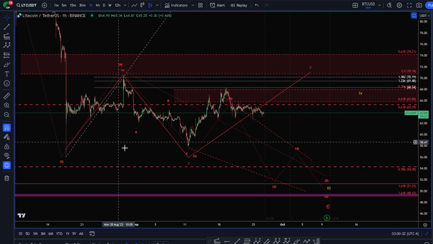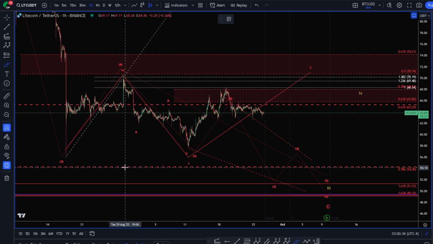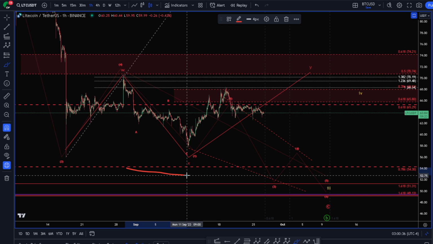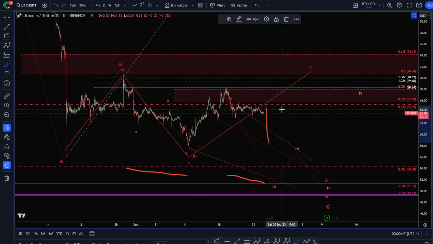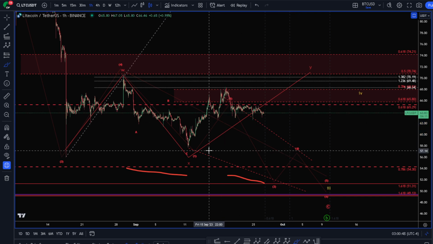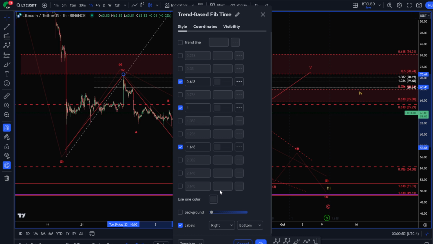Now again, just a guideline, not a rule, but our wave 1, which was right here, off our 2, should take about 618 in time of the first wave. And as you can see, we're already at that level in gray. Let me brighten that up a little bit so you can see what I'm talking about.